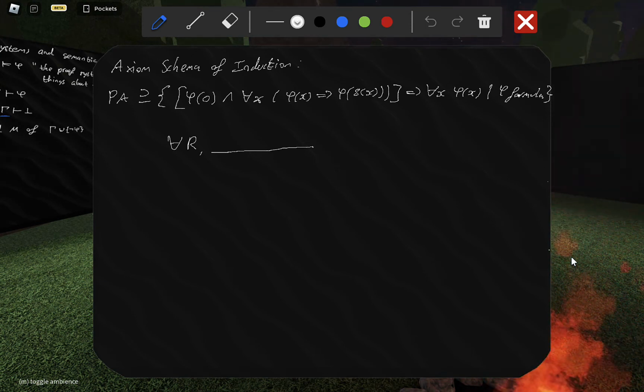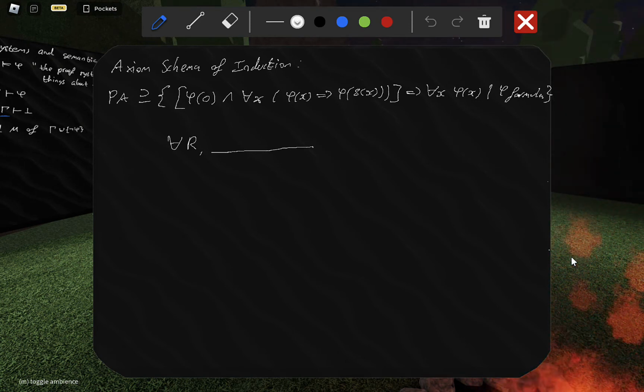Then the only possible model that satisfies this formula and the other Peano axioms is the standard natural numbers.